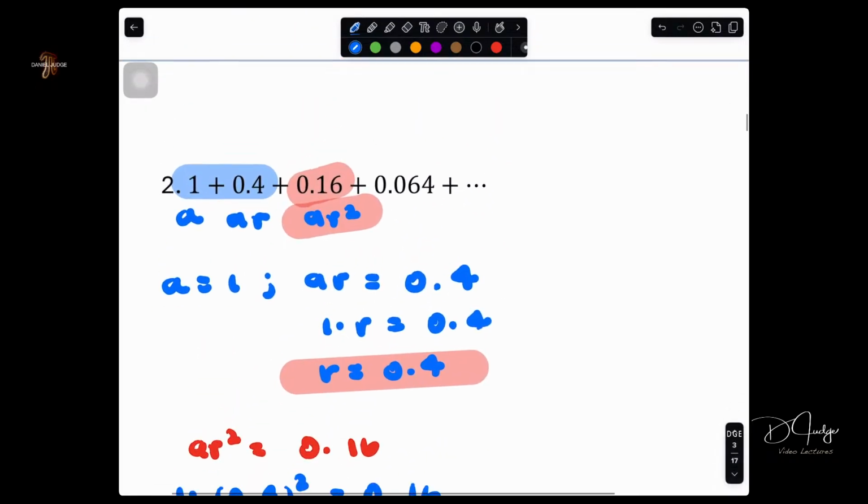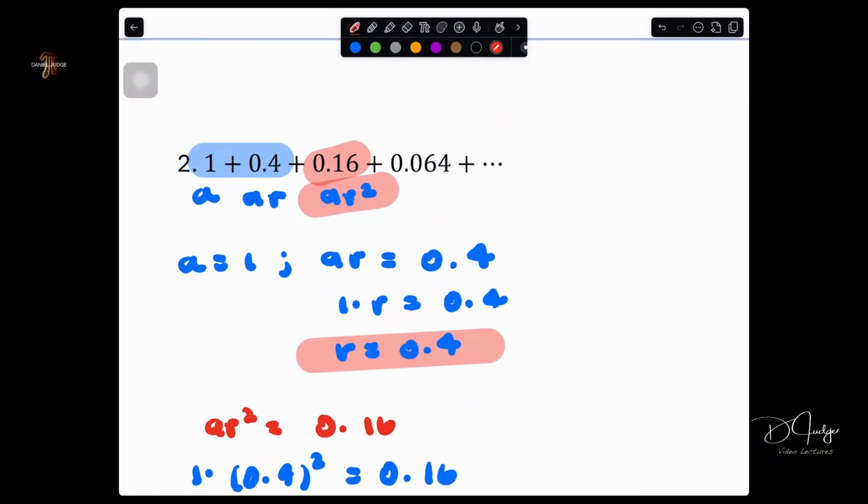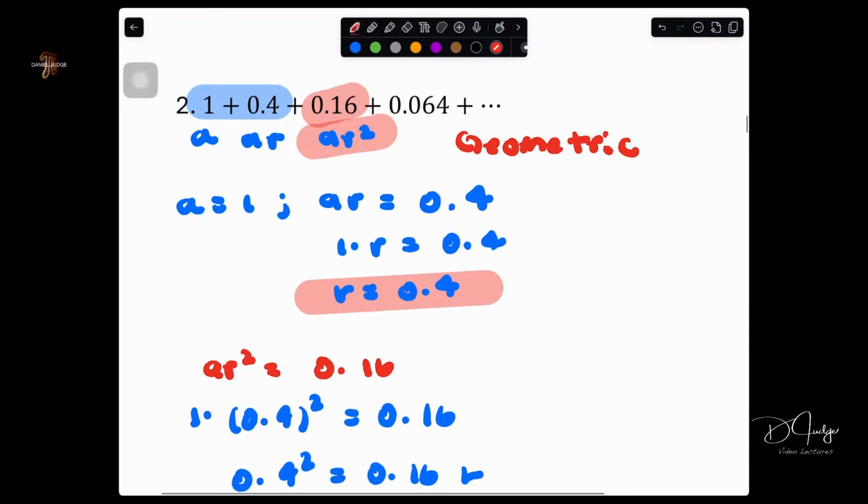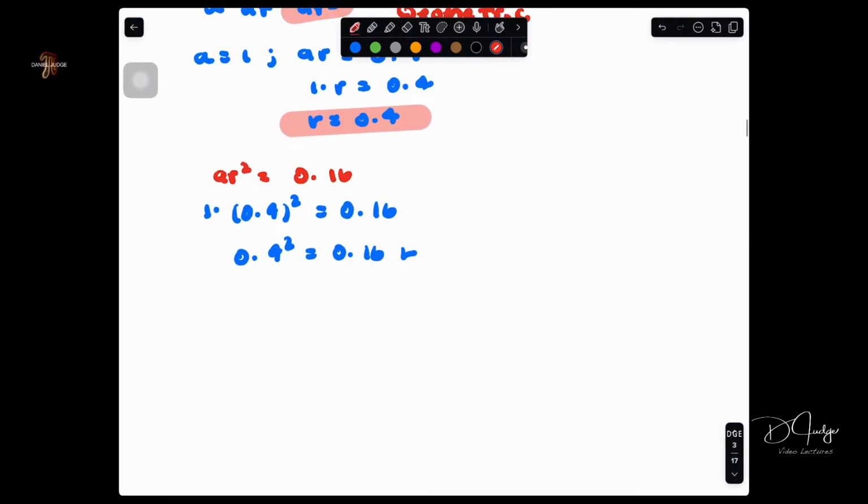This means we, in fact, have a geometric series here. The series is geometric. Now, the absolute value of r, which is 0.4, is in fact smaller than 1.